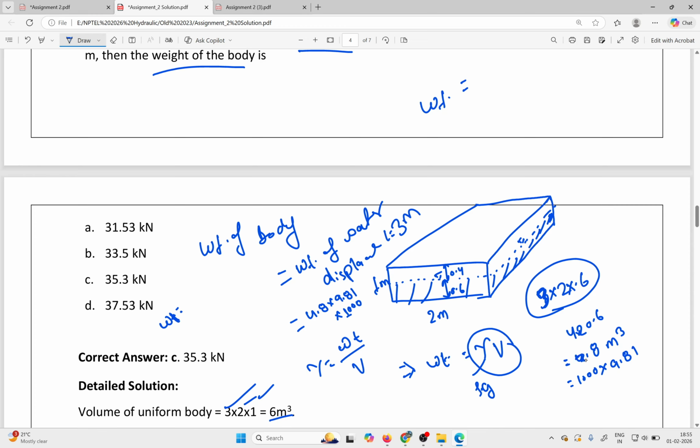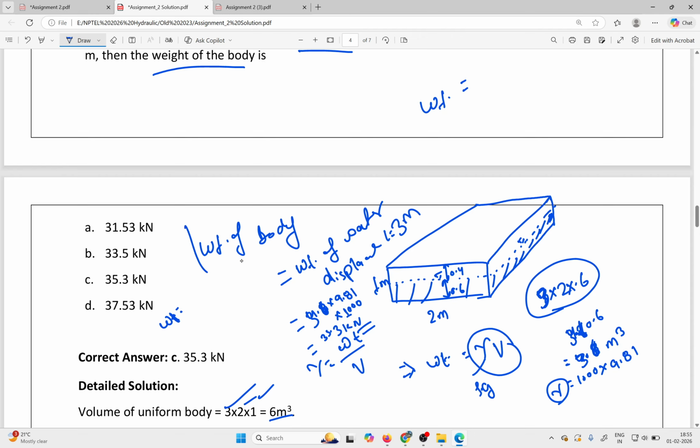This will be 3.6. And this is your gamma. So here 3.6. After calculation, you will get 35.3 kilonewton. So hope you understand.